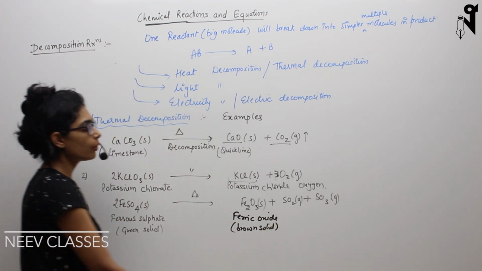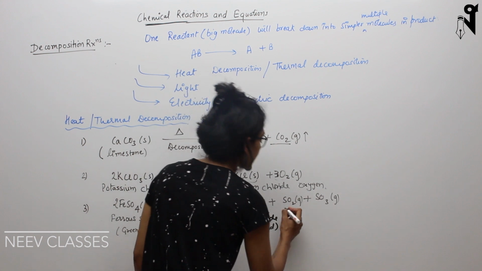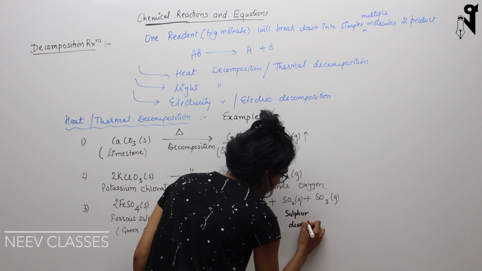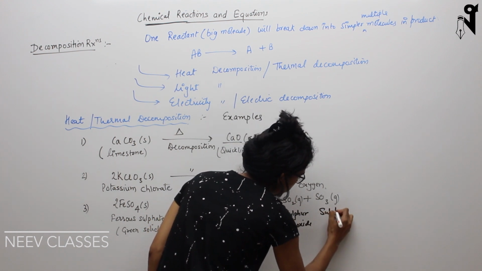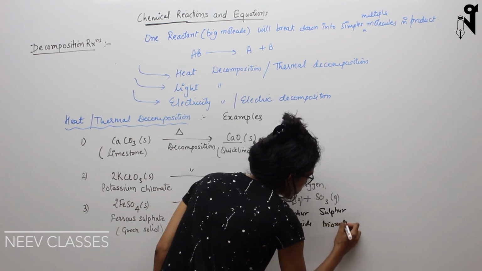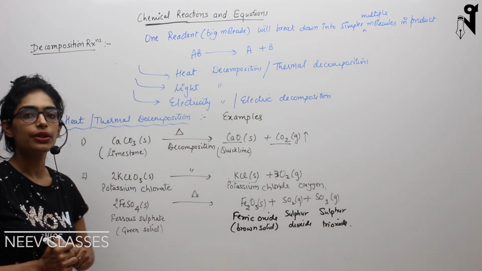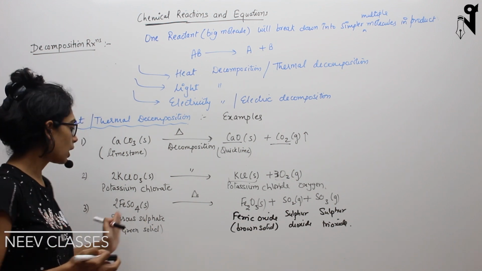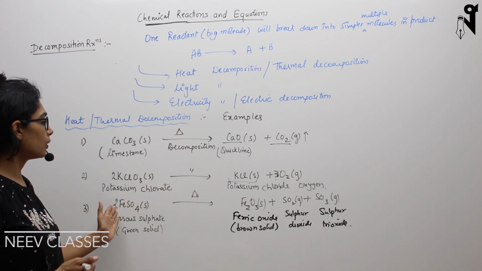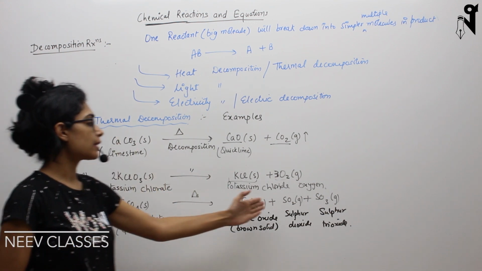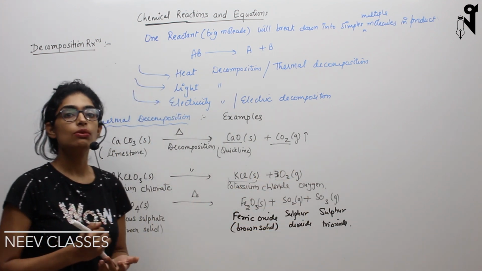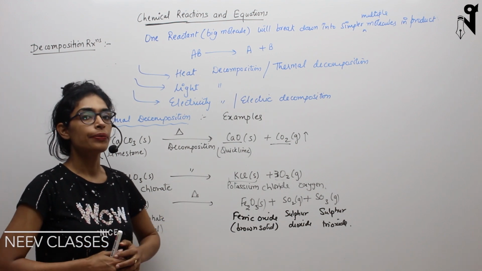Along with that, it breaks down into sulfur dioxide and sulfur trioxide gas. So if you see, all these reactions are showing you all those kinds of changes we had discussed, that happen in a chemical reaction. A color change is happening, state change is happening. FeSO4 was solid and the gases are forming. Moreover, the gas is getting released. So all these changes we had discussed are happening in the reaction mixture.